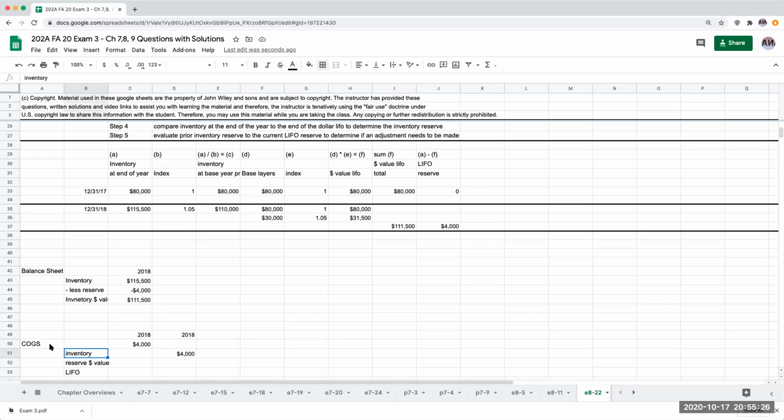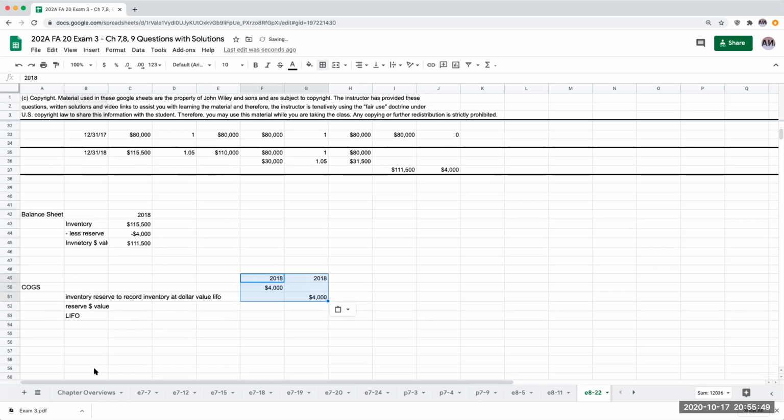So my journal entry is going to be a debit to cost of goods sold and a credit to inventory reserve to record inventory at dollar value LIFO. So you can do this in the form of a reserve. That is definitely a way of doing it.